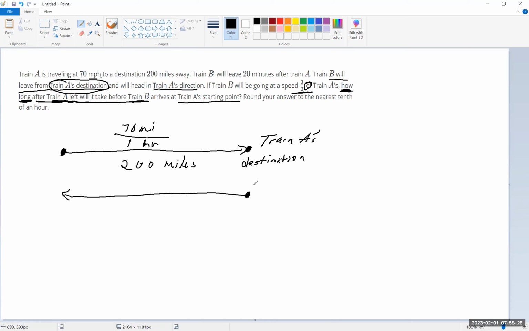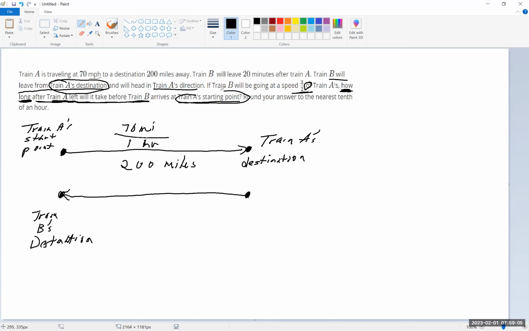So I guess we could say this is train B's destination. I don't know if they use that phrase. Actually, it's train A's starting point. It also coincides with train A's starting point.